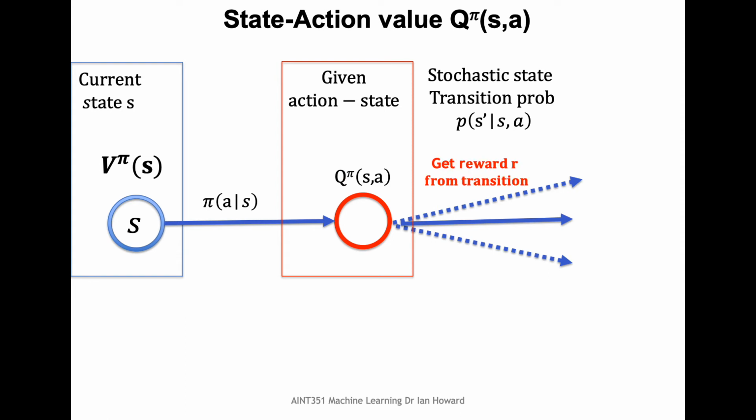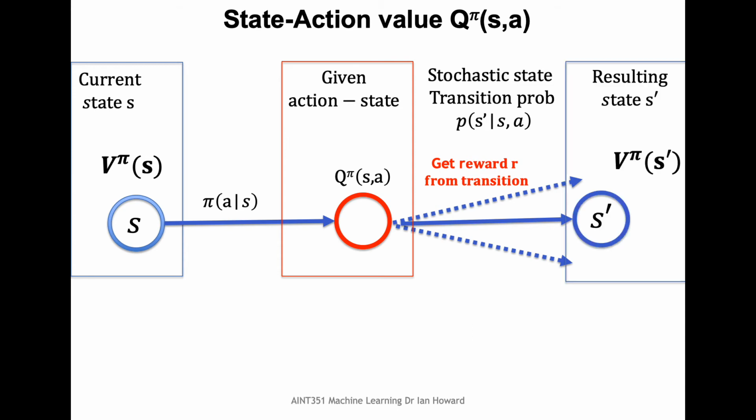When we make this transition from S to S prime, we're going to get an immediate reward R, and we will also move into the resulting state S prime, which is associated with a value v pi of S prime. Given that we are in state S and take action A, we're not thinking this time about all the other possible actions we could have taken.